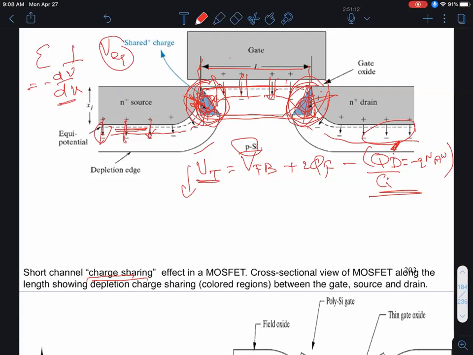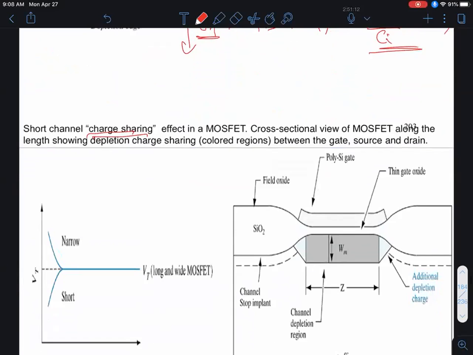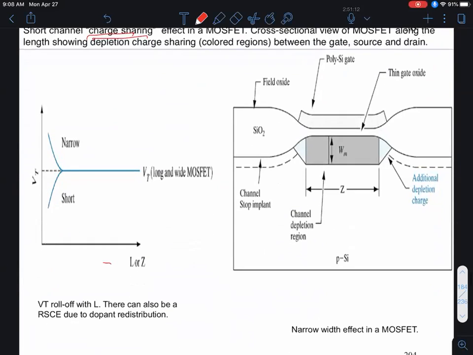Now, if the channel length was very, very long, these blue triangular regions on a fractional basis don't really count for that much, right? So you have a so-called long channel threshold voltage. But as you reduce the channel length, this charge sharing becomes a larger and larger fraction of the total depletion charge under the gate electrode, and that causes the VT to be lower, okay?